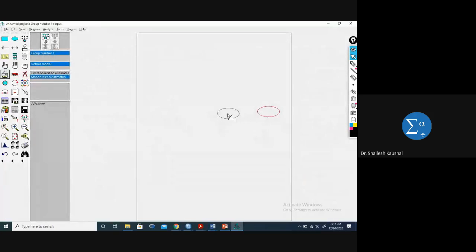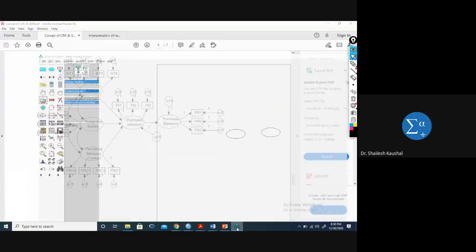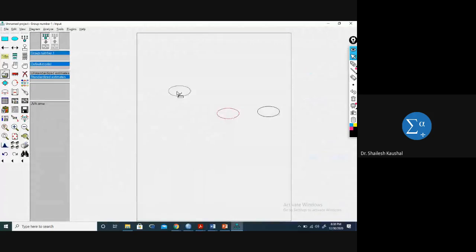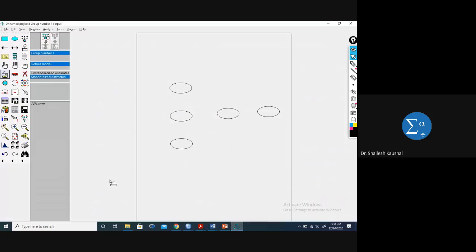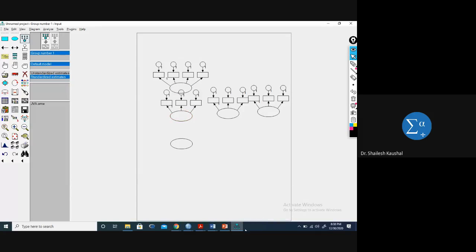This is one, and another with 3 variables. In the first construct there are 3 variables, so I am putting 1, 2, 3 here, and in the second 3 indicators. In the third construct 4, 1, 2, 3, 4, and in the last 4, 1, 2, 3, 4.